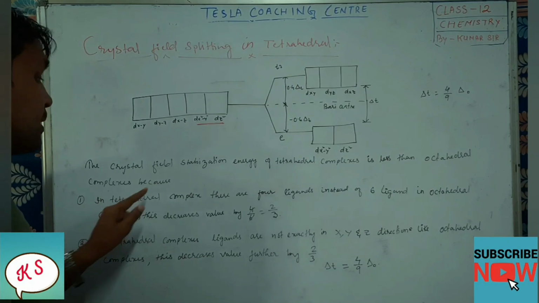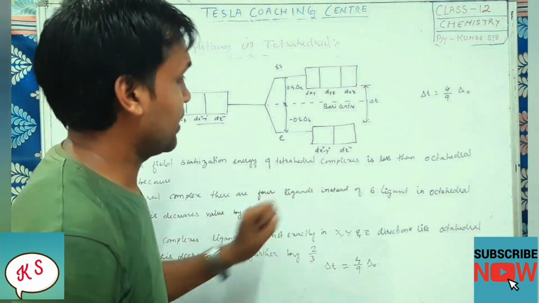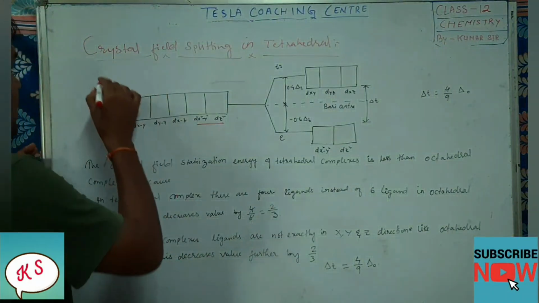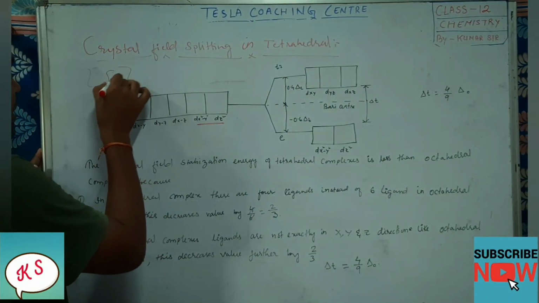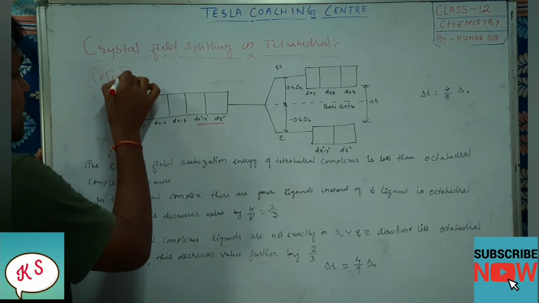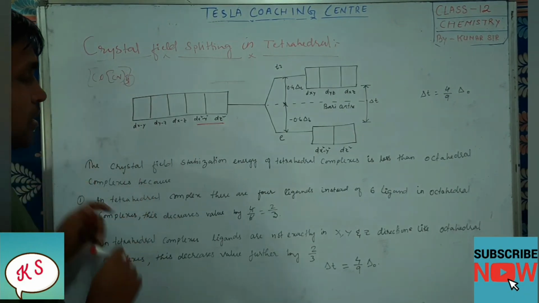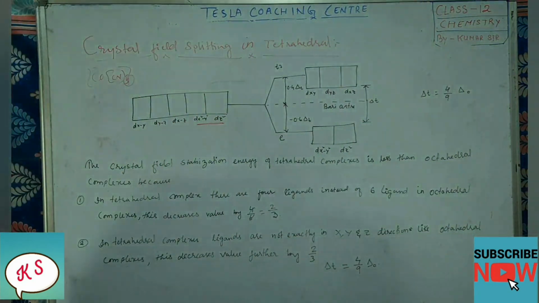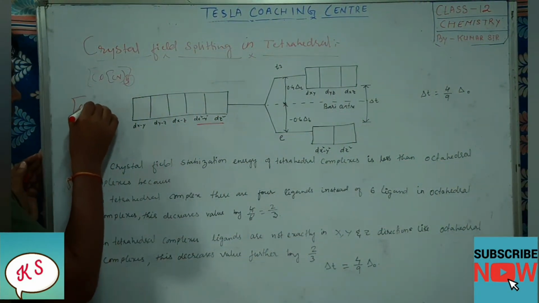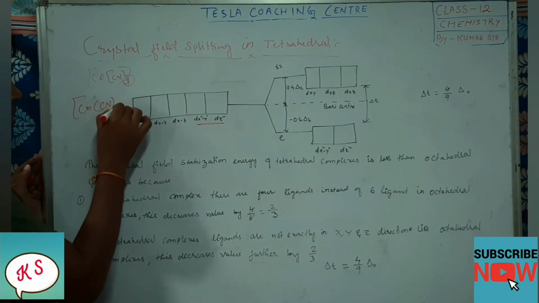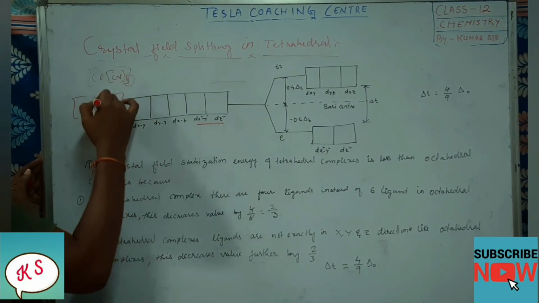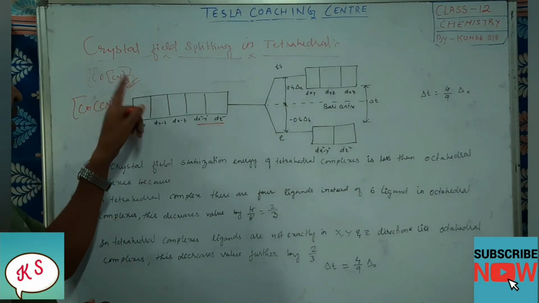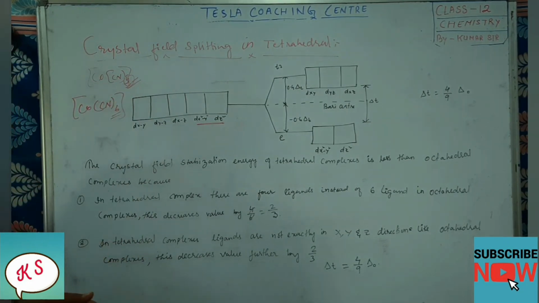Reason number 1, in tetrahedral complexes there are 4 ligands. Definitely in tetrahedral complexes there are 4 ligands. We have already seen there are 4 ligands here. So how many ligands are there? 4 ligands, instead of 6 ligands in octahedral. In octahedral you will find 6 of them. So tetrahedral ligands is 4, octahedral ligands is 6.